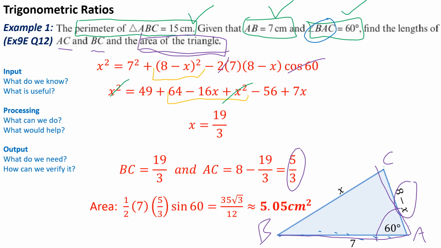So we plug it in, half ab sine C, and sine of 60, it's not quite such a nice number, it's actually root 3 over 2. And you can get an exact value for the area of the triangle, which is a good idea. You should write 35 root 3 over 6, but it's also a good idea to include the approximate value 10.1 centimeters squared. If nothing else, for your own peace of mind, to check that your answer is correct.